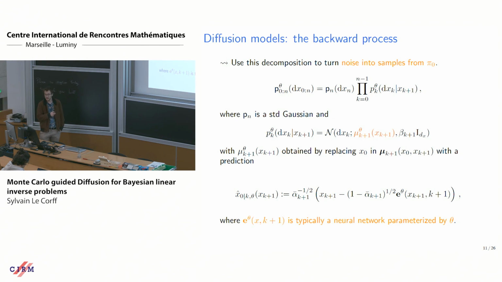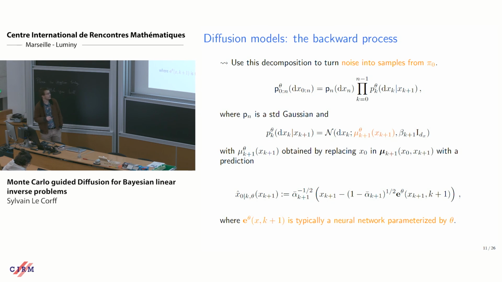We can derive an explicit form for this estimate, just using Gaussian conjugacy. And you end up at each time with the estimation at time k plus 1 of your data at time 0. So what you need to train is this neural network, which takes as input the current noisy data and the time step, and predicts what's happening at time 0.